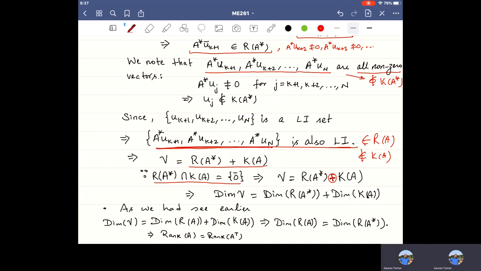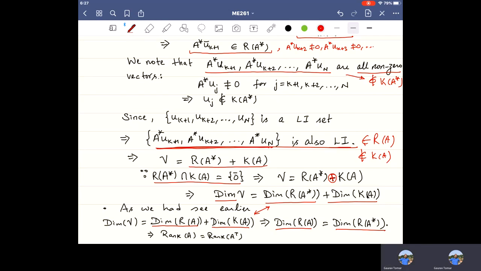And when we have the direct sum, we know that dimension of V is going to be equal to dimension of range of A star plus dimension of kernel of A, right? That's what we had seen earlier. Also, we had shown that the dimension of V is same as dimension of range of A plus dimension of null space of A. From these two equations, we can conclude that the dimension of range of A has to be equal to dimension of range of A star.